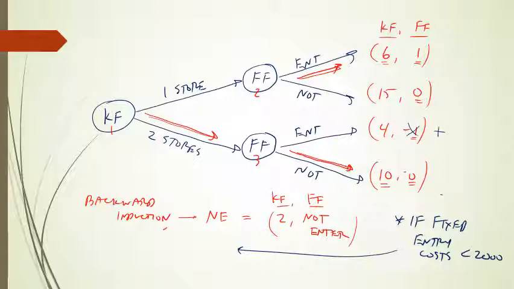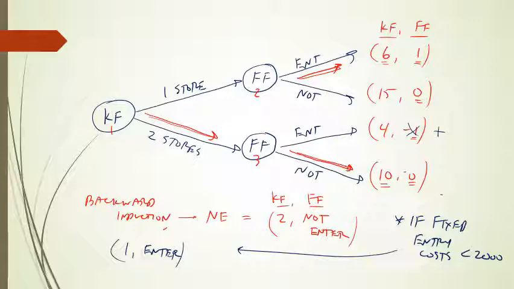And now the choice is for Fresh Foods at node 3 to go ahead and enter, which also means that King Foods at node 1 will choose only 1 store. So 1 store and enter would be the Nash equilibrium.